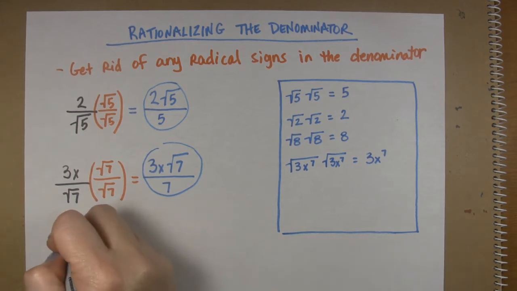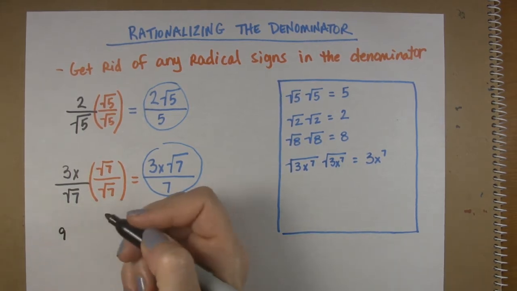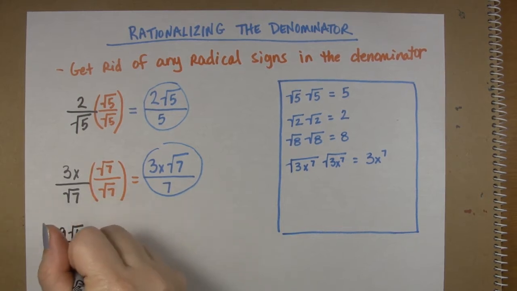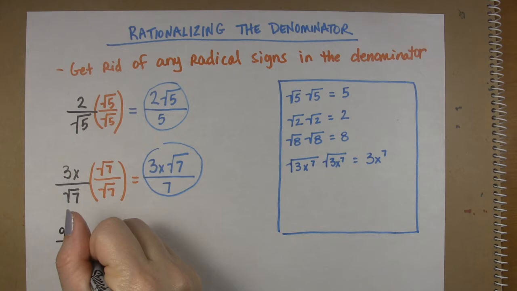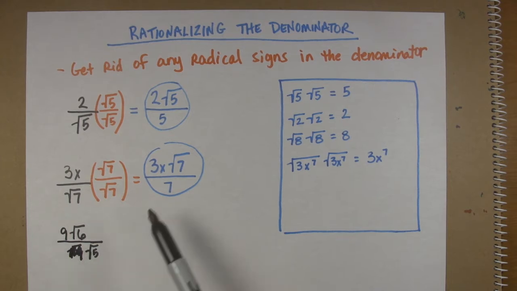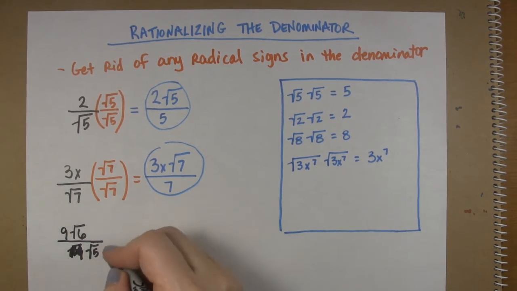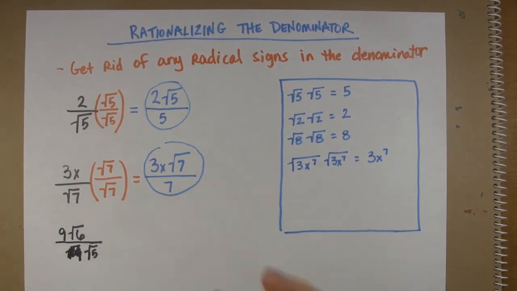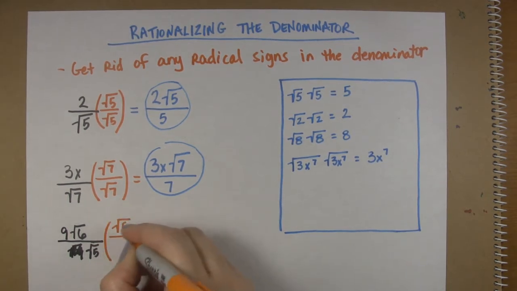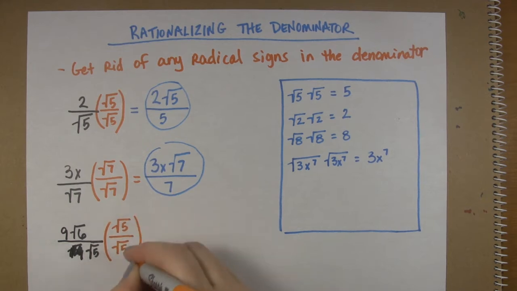We could do one like this, where I do 9 root 6 over root 4. No, let's not do 4. Let's do root 5. Okay, all right, so 9 root 6 over root 5. We're going to rationalize the denominator. So we're going to multiply by root 5 over root 5.